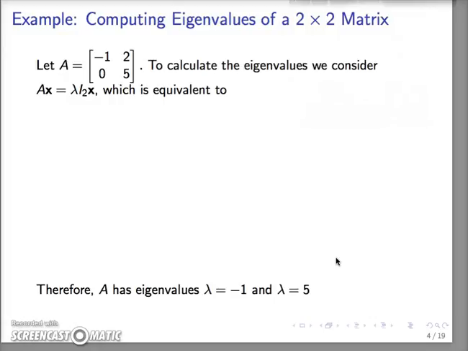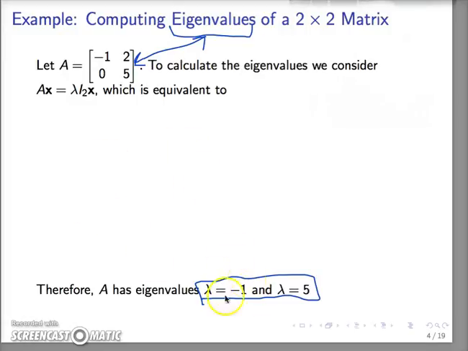Here is this matrix in this example. It's a 2 by 2 matrix, and we want to know what the eigenvalues are. The answer is that the eigenvalues are -1 and 5. But why? That's what we want to see next.